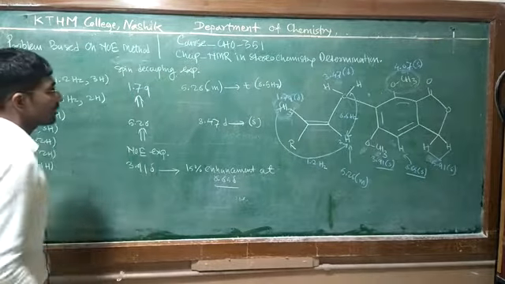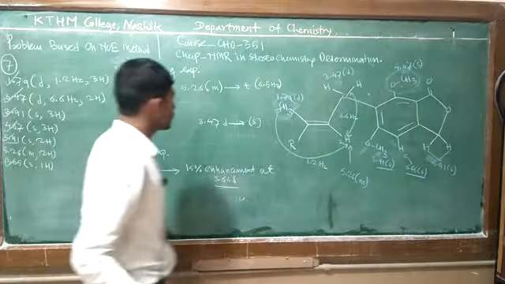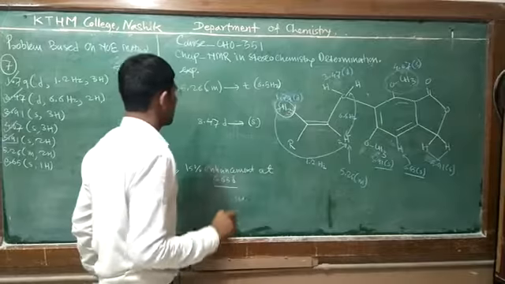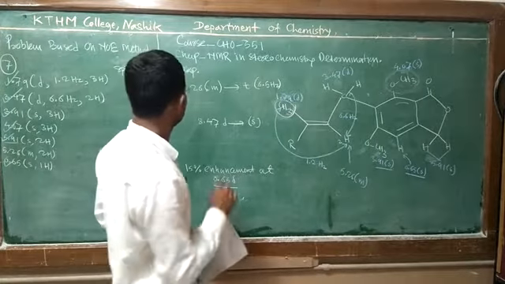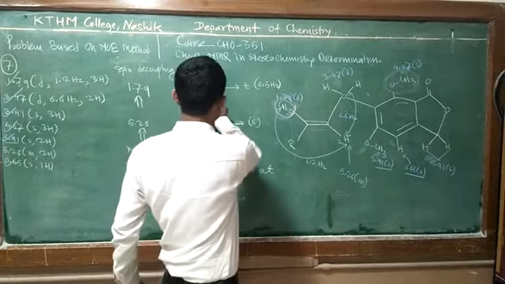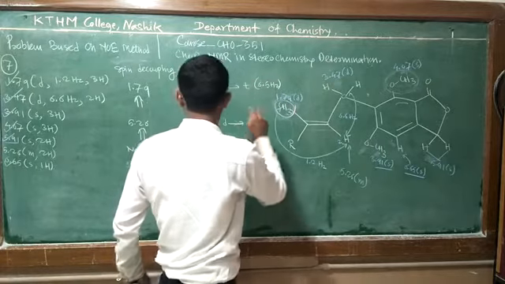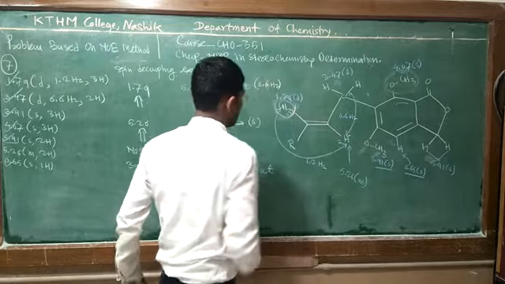If you irradiate the position at 1.79, the signal at 5.26 changes from a multiplet into a triplet with 6.6 hertz.